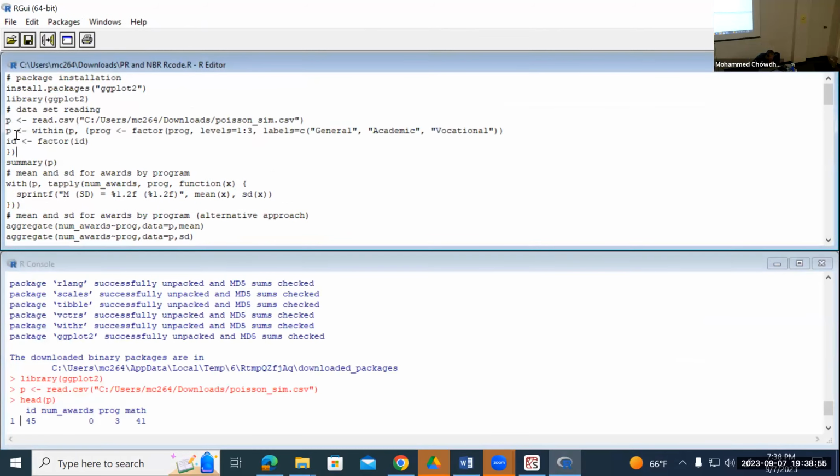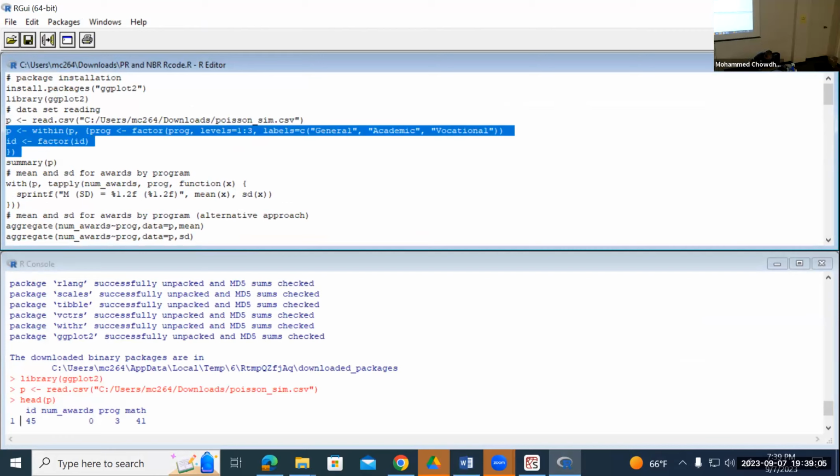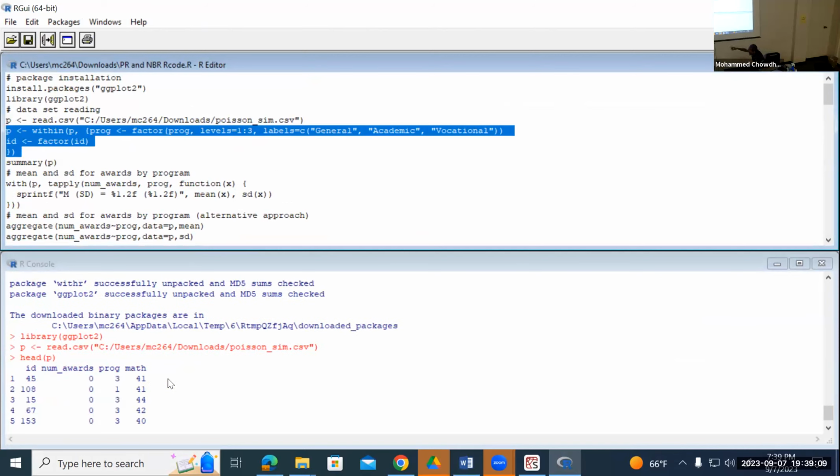So this is the data. In that data, now I want to change. Are you seeing the program is written 3, 1, 3 like this? This level I want to change to general, academic, and vocational. Okay.